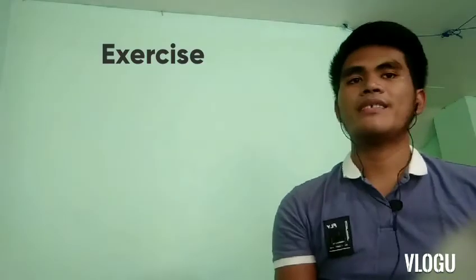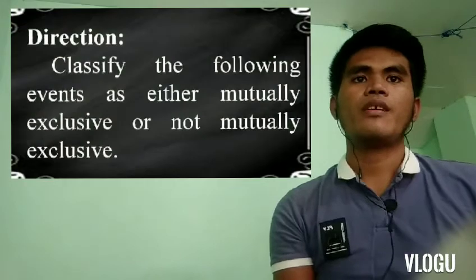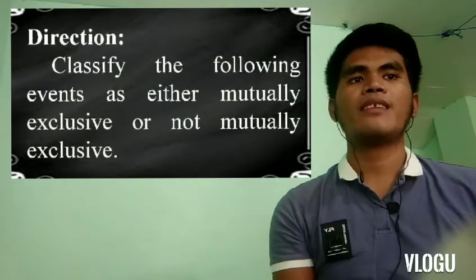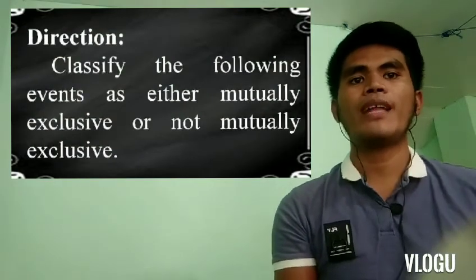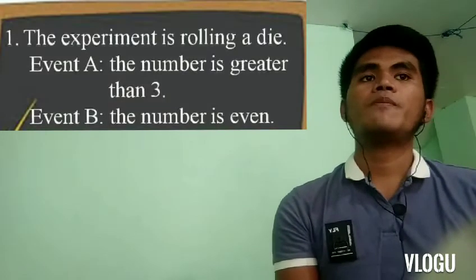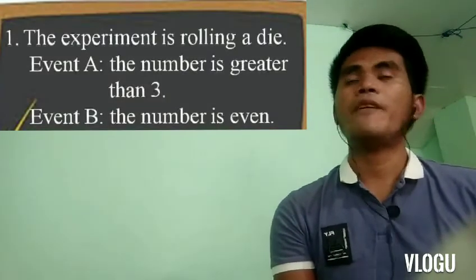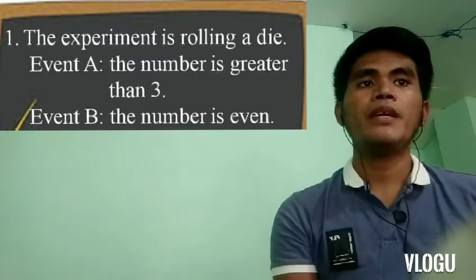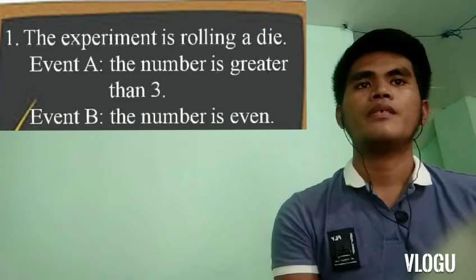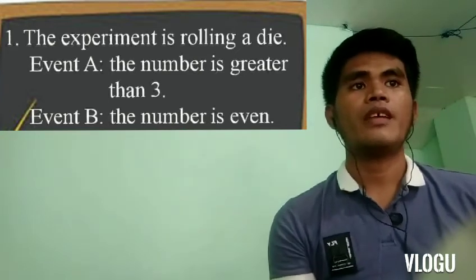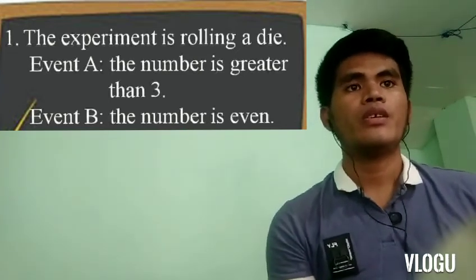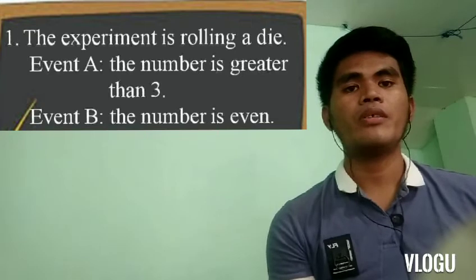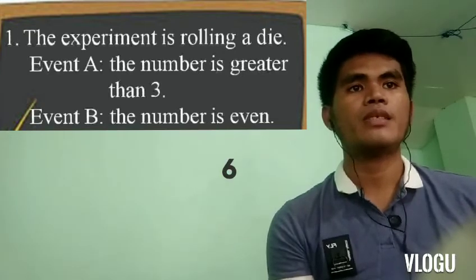So let's have an exercise. Direction: classify the following events as either mutually exclusive or not mutually exclusive. Number 1. The experiment is rolling a die. Event A, the number is greater than 3. Event B, the number is even. The numbers greater than 3 are 4, 5, 6.